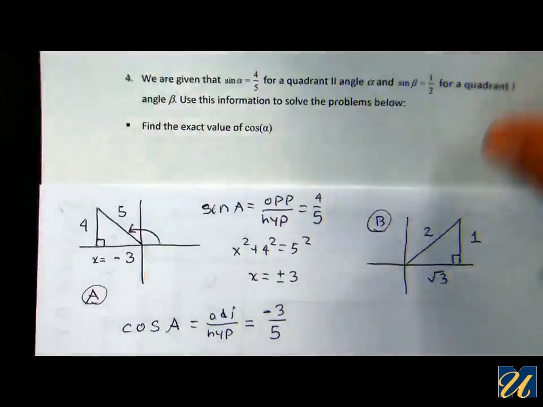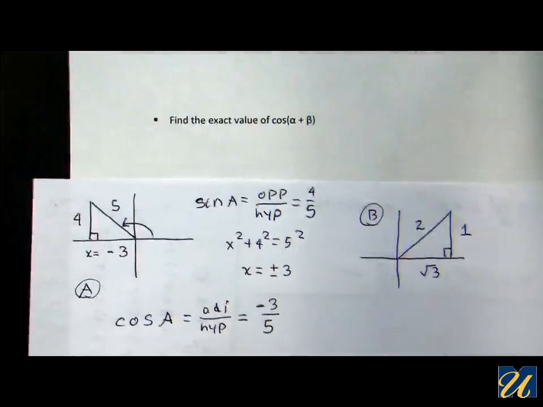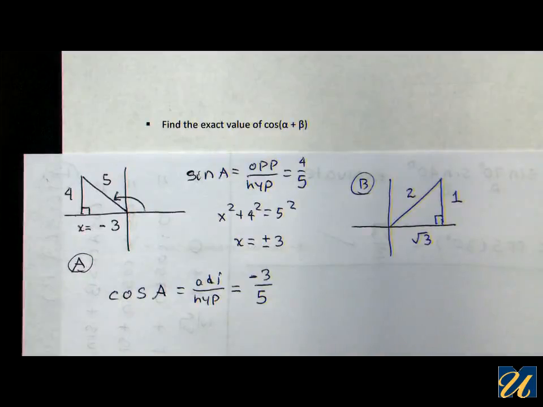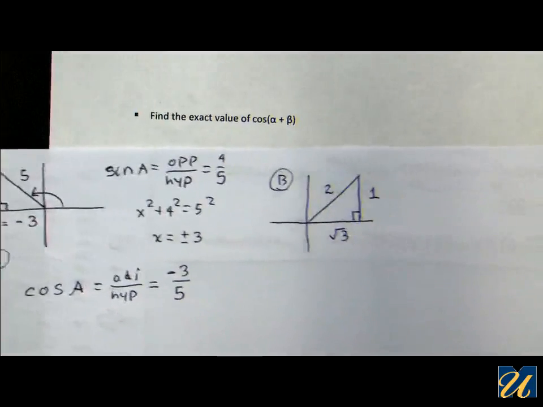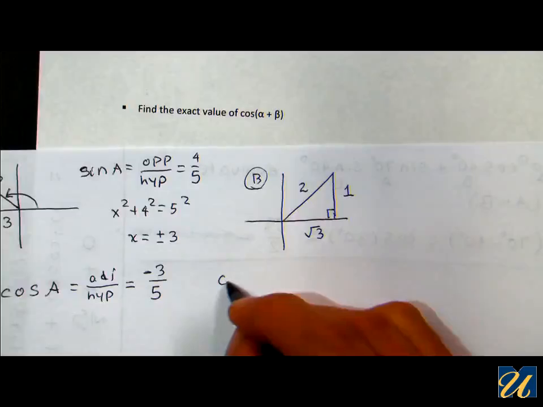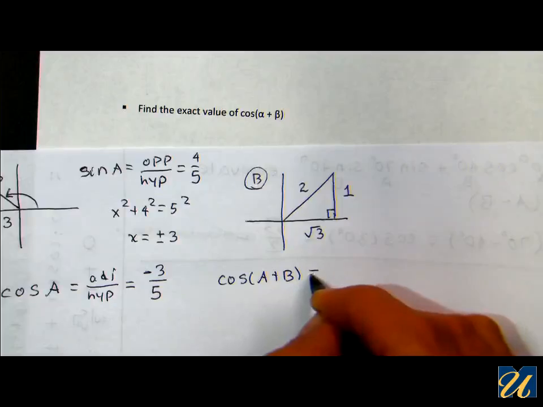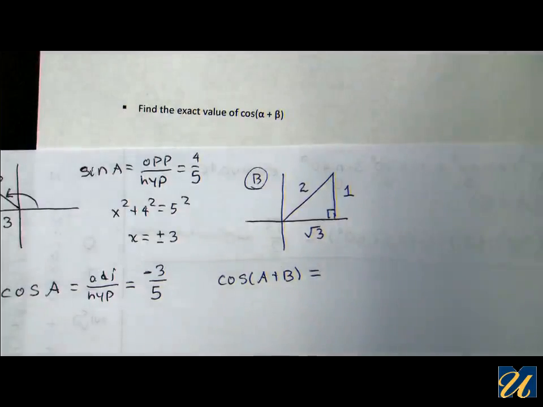Okay. What else do we need to do? Second part of the problem, find the exact value of cosine of A plus B. Okay, so let's push this over here then. Cosine of A plus B, so we need the expansion identity for the sum.